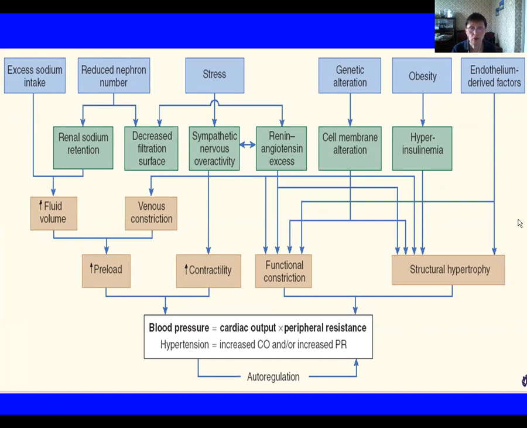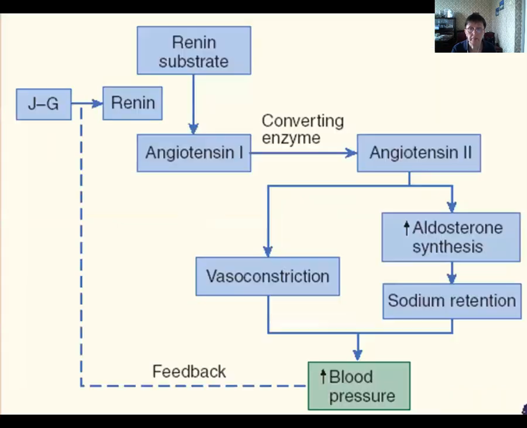This scheme shows you that blood pressure depends on cardiac output and peripheral resistance growth. If they are increased, we receive hypertension. And you see here a lot of factors that may contribute to the development of hypertension.